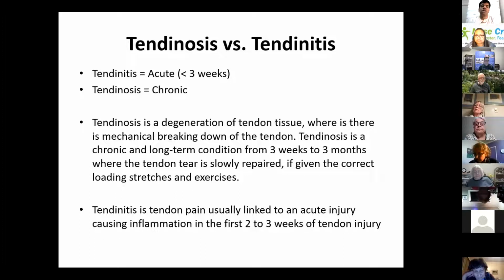Lots of tears are happening at the microscopic level. Gradually the tendon goes into degeneration, and if we don't treat it properly and continue to load it, that can lead to a tear. And this can happen in 3 weeks to 3 months' time.